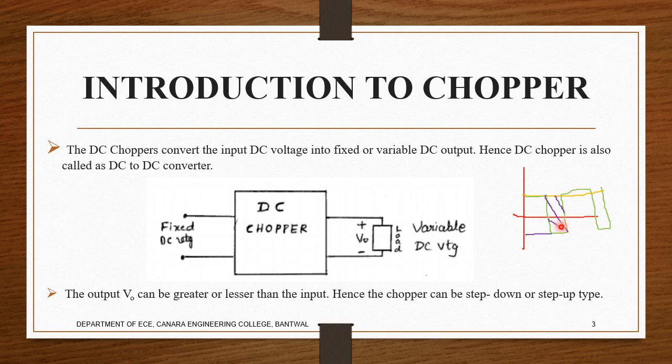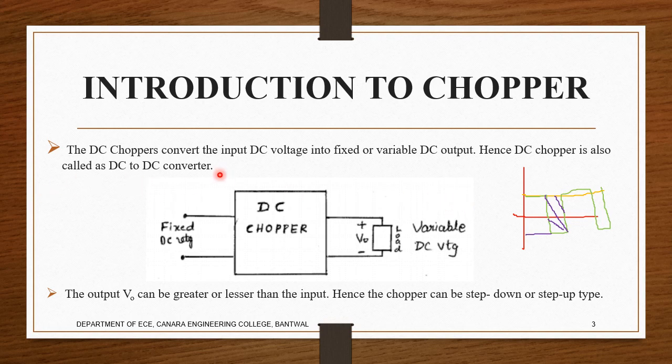This is what we call a chopper, and we can make it into two categories: step down and step up, as we do in our transformer. If the input voltage is 5 and I make the output variable DC voltage 3, that time it is called a step down chopper.